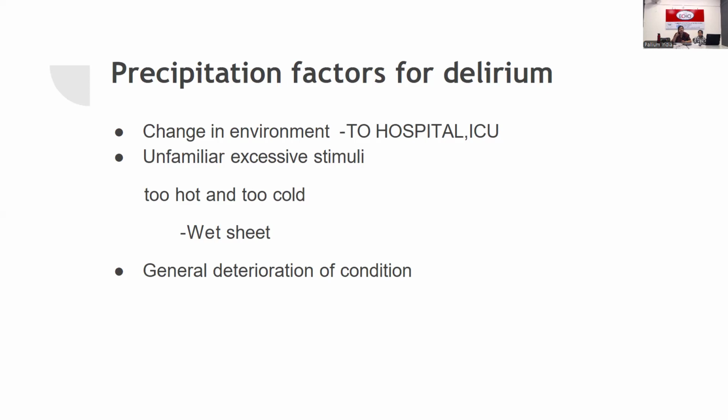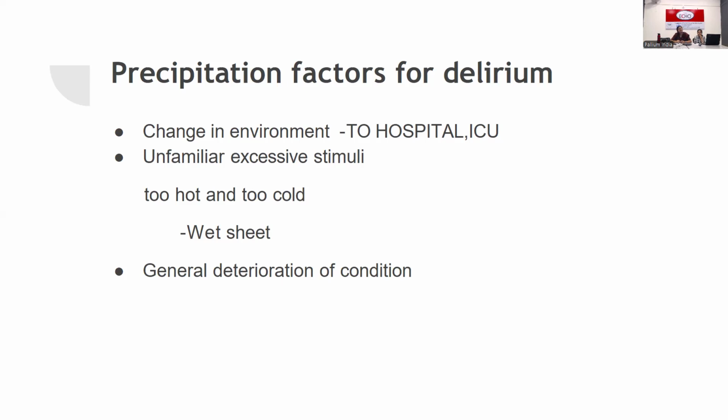So what you have to tell is, see, the patient is having this kind of problem because he is staying for a very long time in hospital. He might become better if you take him back home, if you give him a change in environment. This is a very good point to tell them. The change in environment to home itself can bring them back to normal.